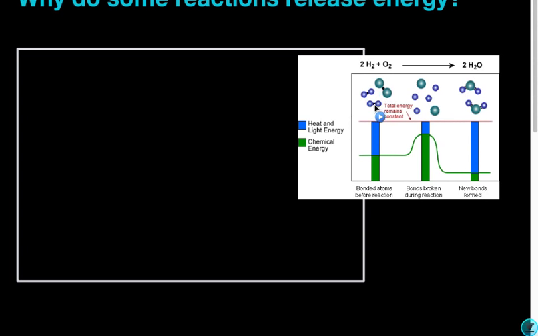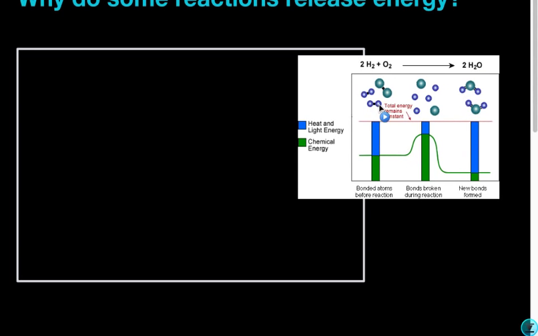So it's like this. Some reactions will take a little bit of energy to break the first bonds. Here's a reaction where we've got hydrogen gas, H2, and oxygen gas, and we're going to provide a little bit of a spark to get the atoms to break apart from each other, and then they're going to snap back together into water molecules here, H2O molecules.